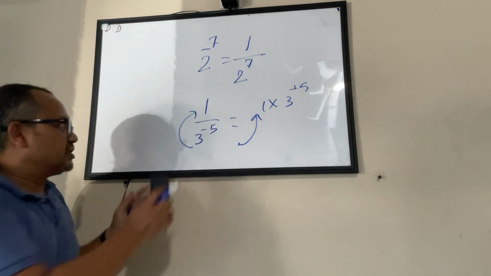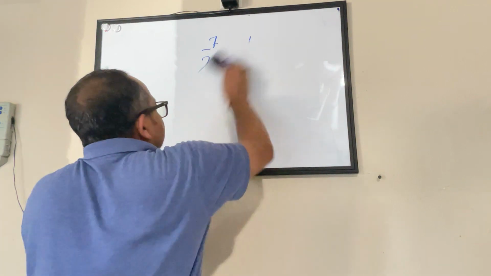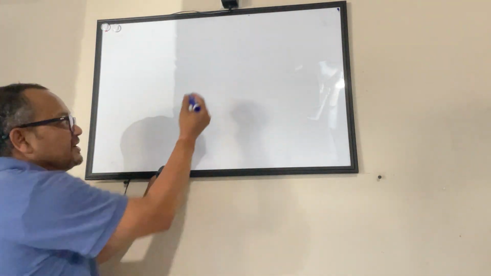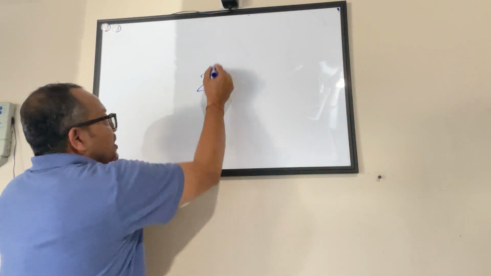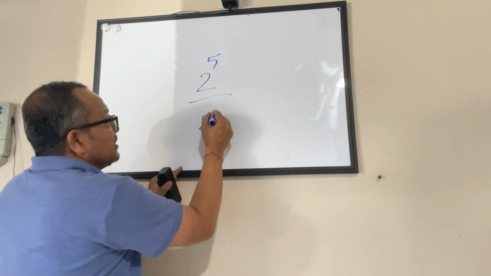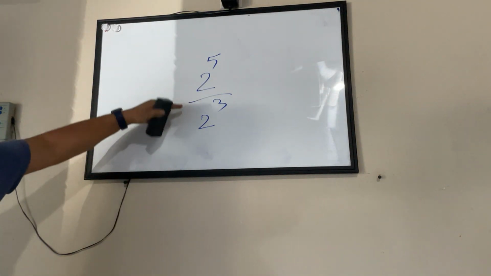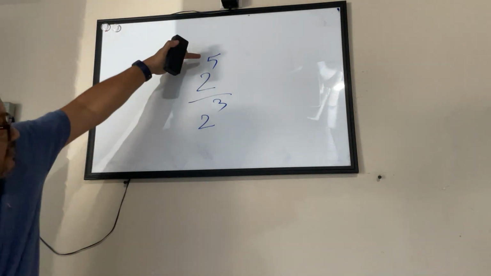Okay. So if I do 2 to the power 5 by 2 to the power 3, you know how you can solve this. It will be 2 to the power 5 minus 3.